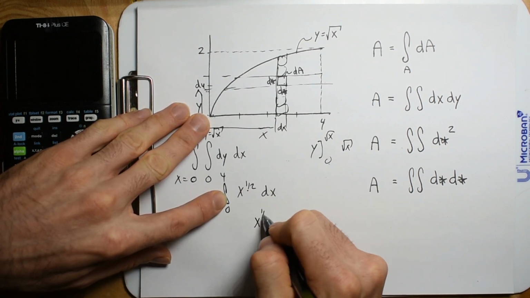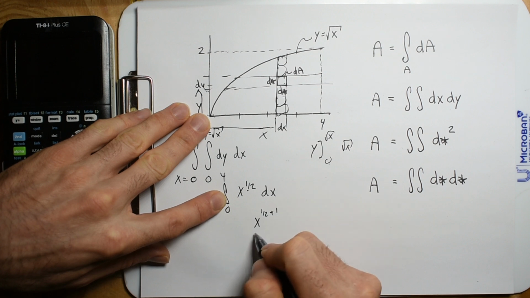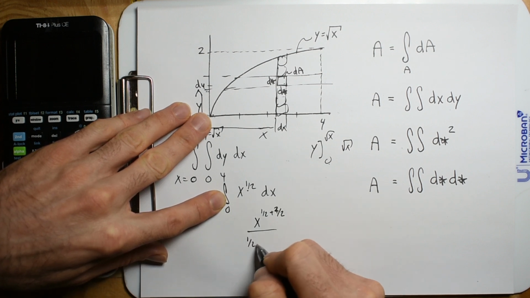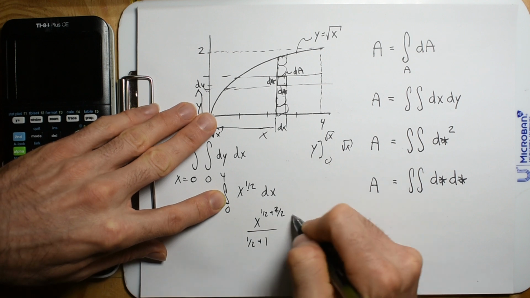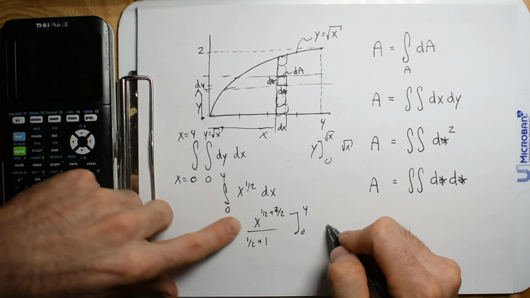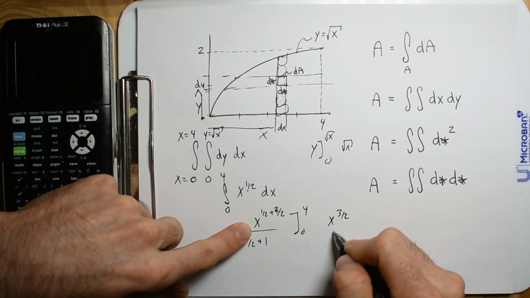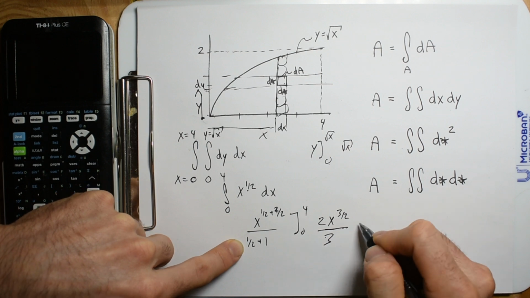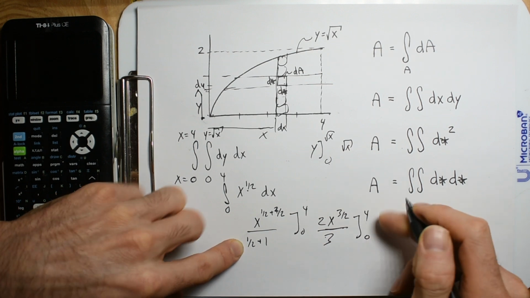This is going to be x to the 1/2 plus 1, which is the same thing as 2 over 2, and then divided by that new exponent. So we're going to have x to the 3/2 divided by 3/2. That's 2/3. Cool. And then evaluated from 0 to 4.